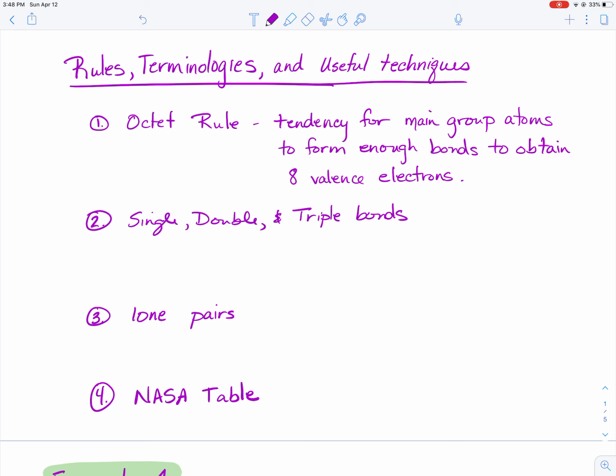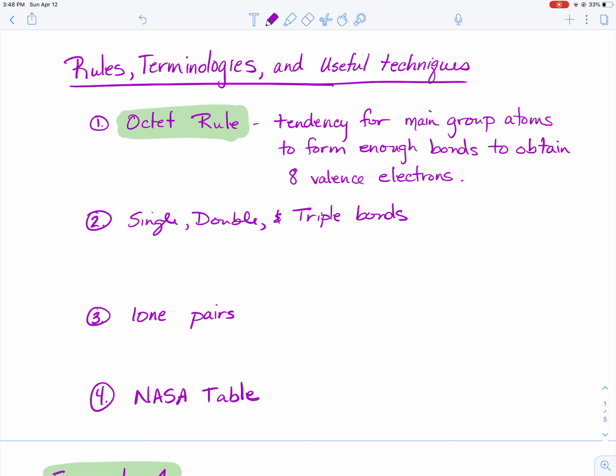The number one rule that we need to abide by when drawing Lewis structures, at least at the beginning, because there are a few exceptions to this rule, and I will talk about those in later videos, is the Octet Rule.